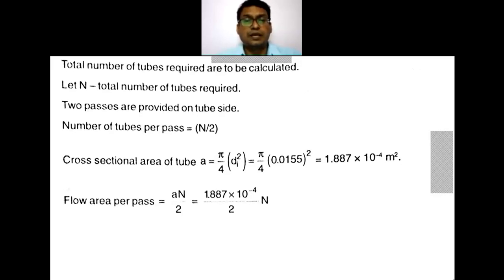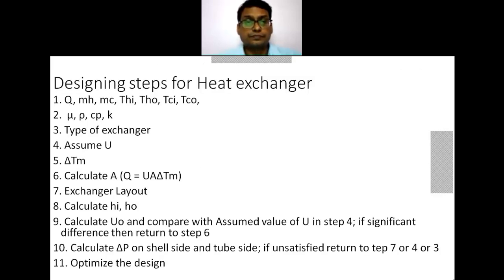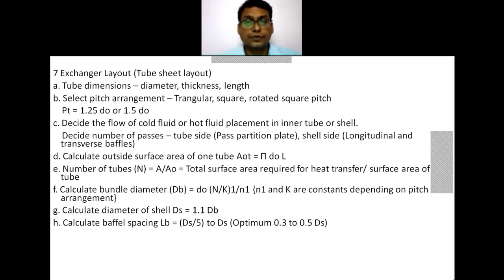So the number of tubes is equal to the total area upon the calculated outside surface area of one tube.